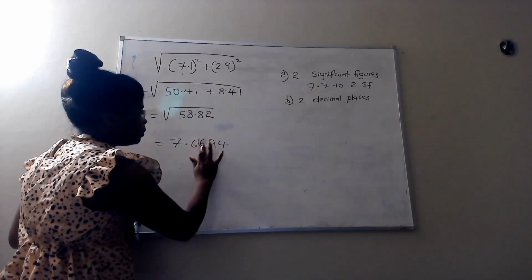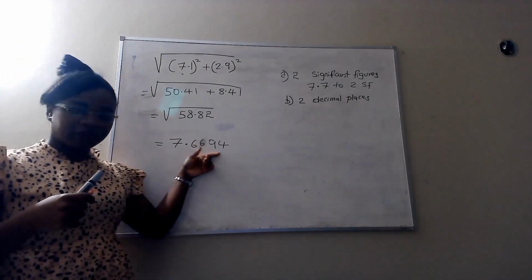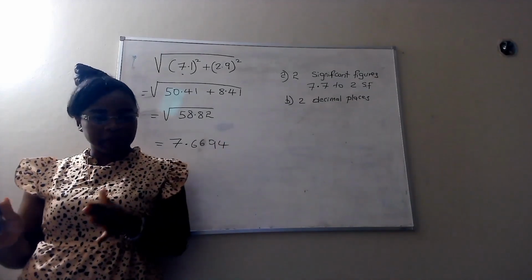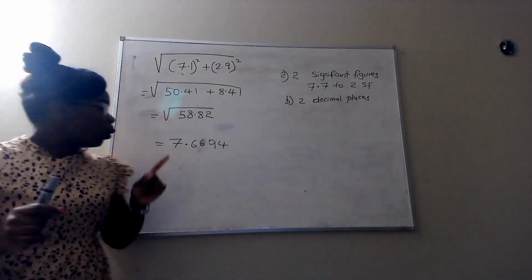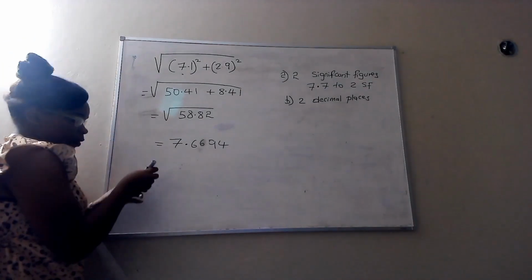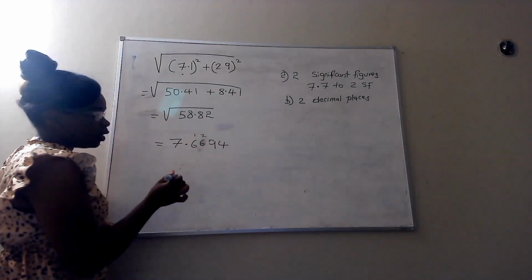All right. Now, the second question wants our answer to 2 decimal places, right? With decimal places, we're only interested in what comes after the decimal point, so all the digits after the decimal point. Now, we only need 2, okay? So this 6 here is our first decimal place. This is our second.